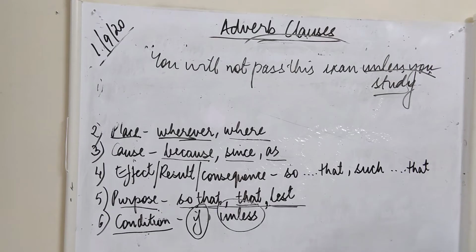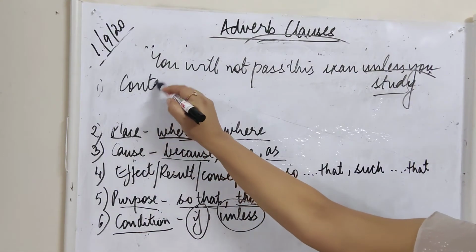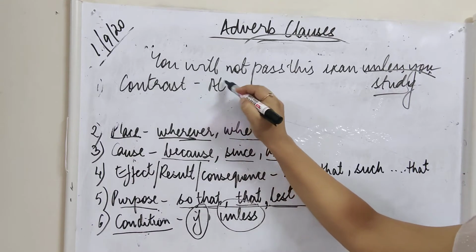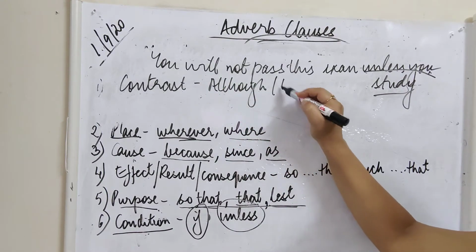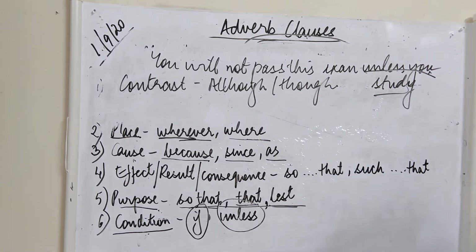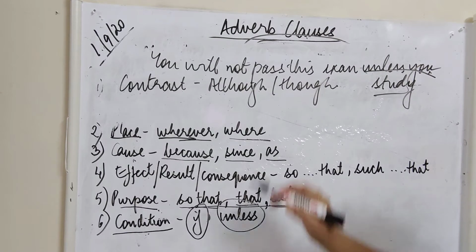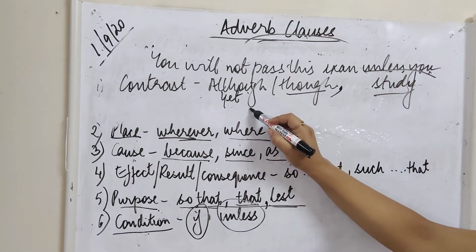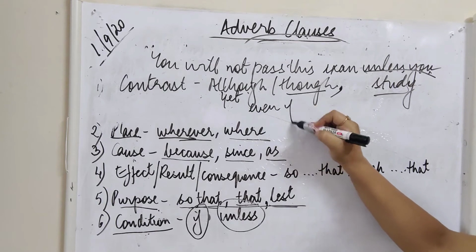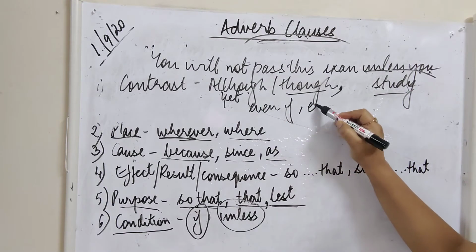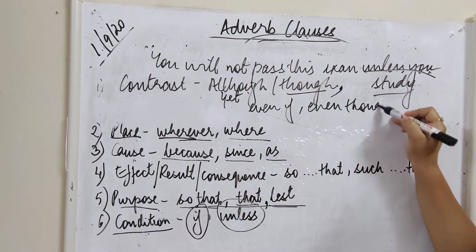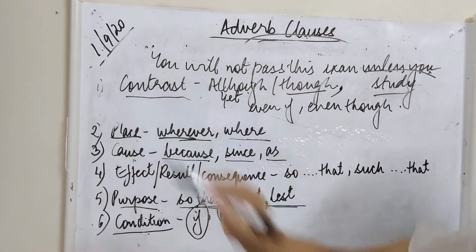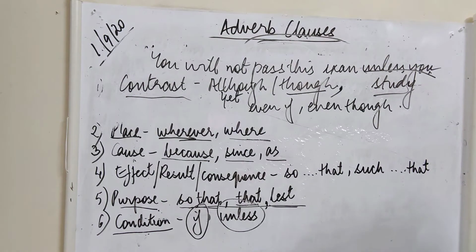Then comes adverb clause of contrast or concession, starting with although, though. If I say although she is rich, yet she is unhappy. So although comes with yet, then though, and it can also start with even if, or even though. These are the few words that the adverb clause of contrast will start from.